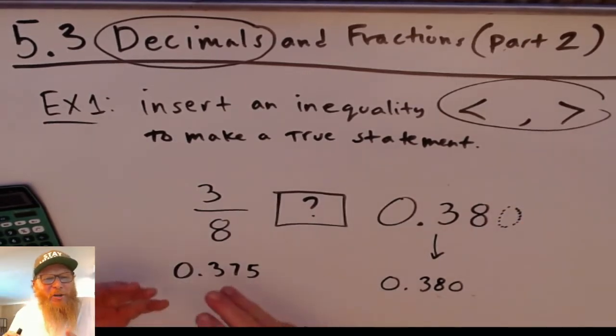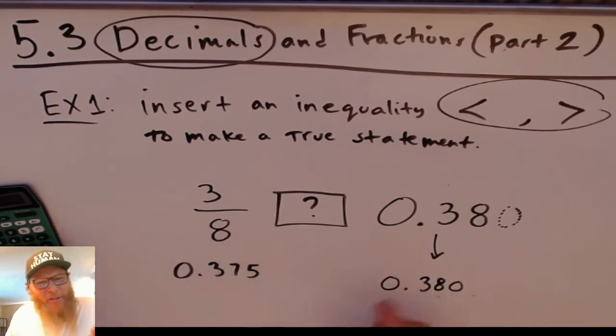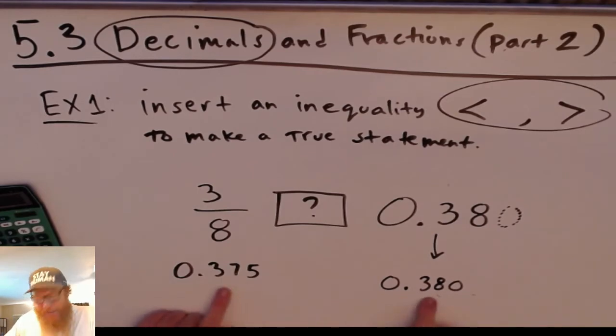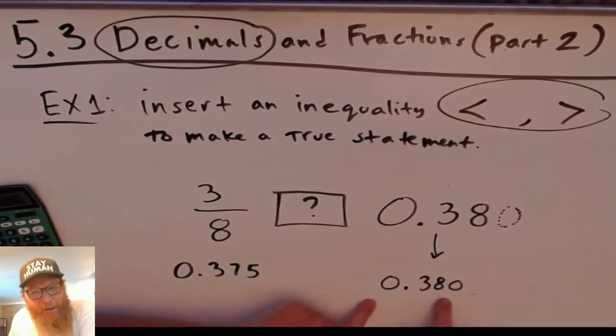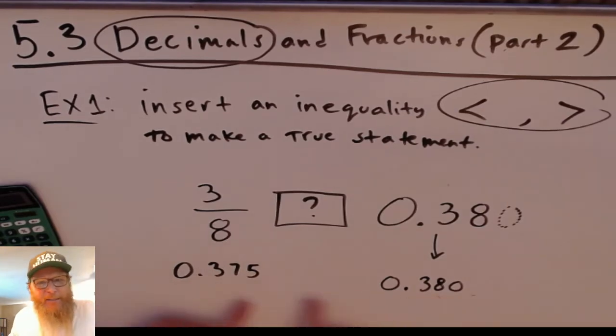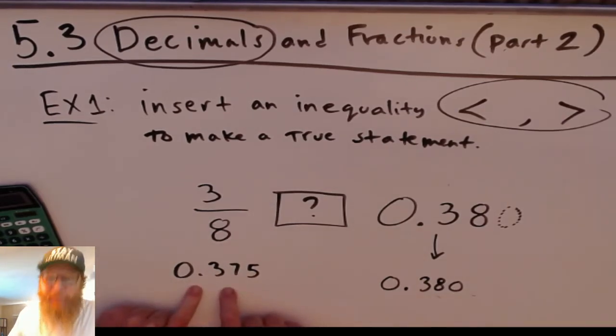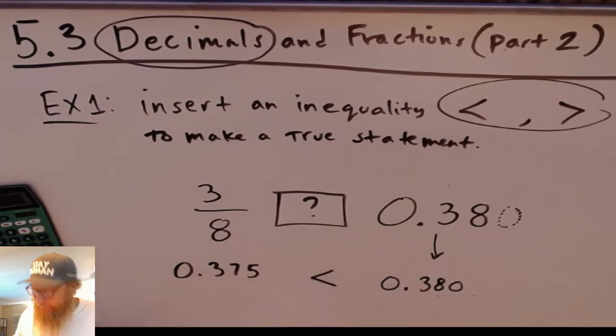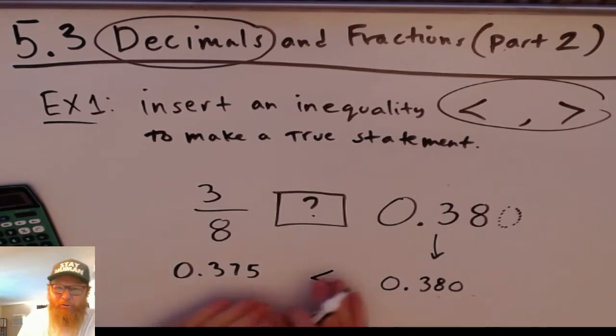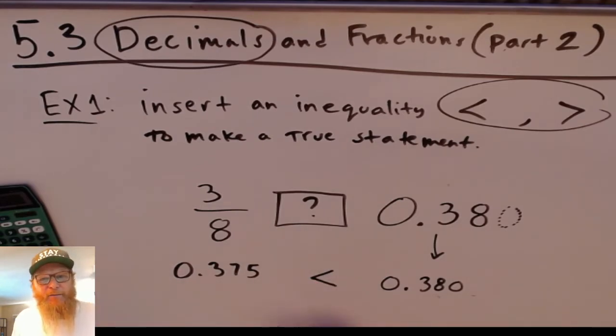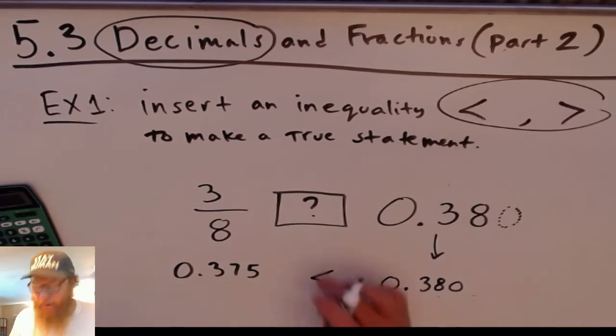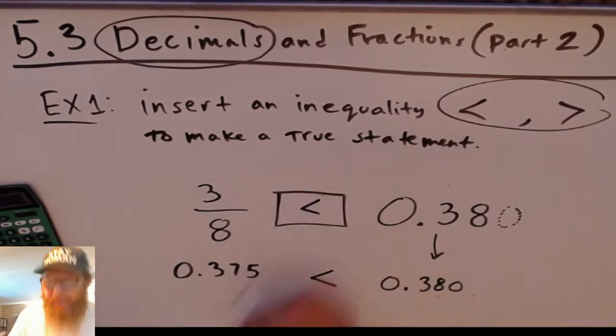So if you ever want to turn a hundredth into a thousandth, you just add the invisible zero, and now it becomes a thousandth. If you think of these out of 1,000, this represents 380 out of 1,000, and this represents 375 out of 1,000. And so the proper inequality is that 380 thousandths is greater than 375 thousandths.